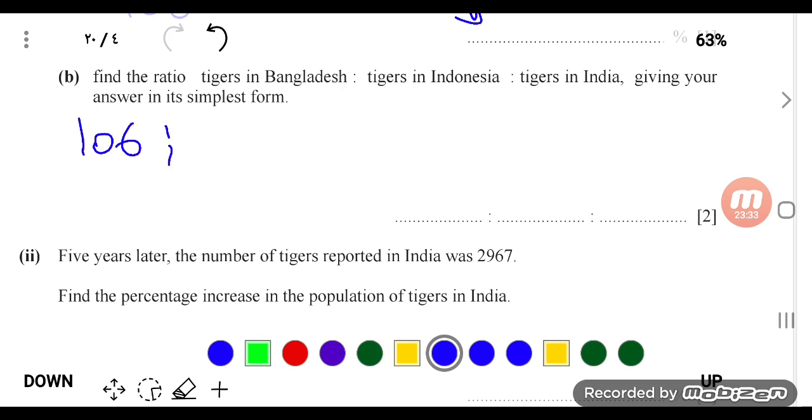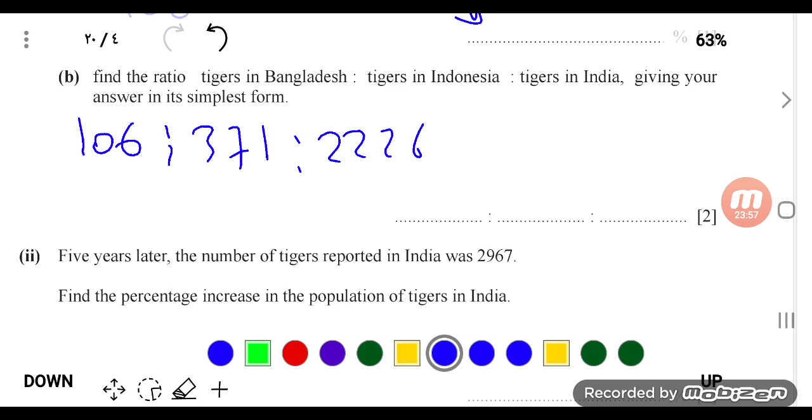Tigers in Indonesia, you have 371. And tigers in India, you have 2226.